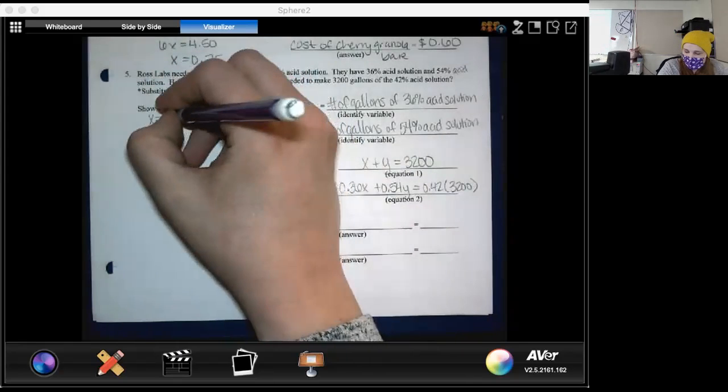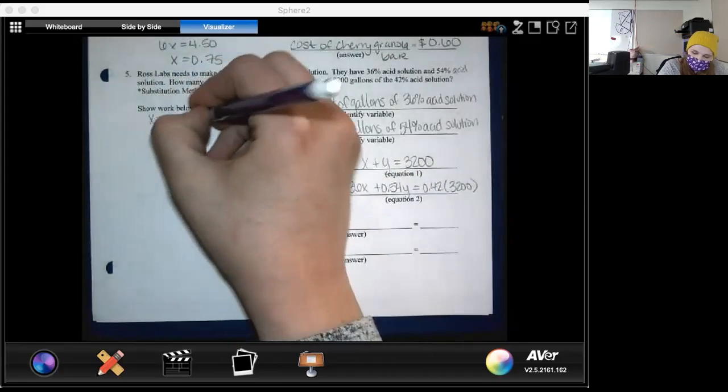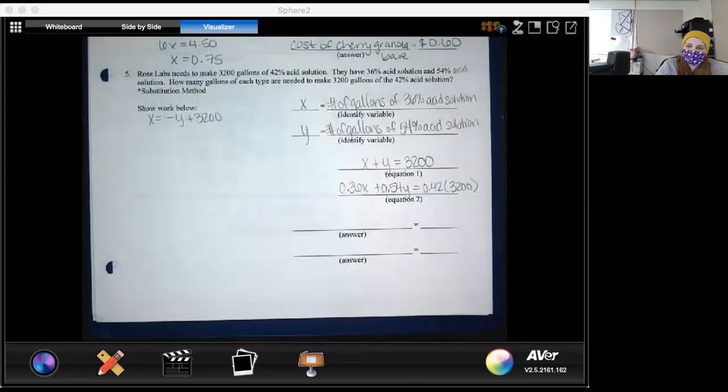So then we're going to have negative Y plus 3,200, or 3,200 minus Y. Either way works.